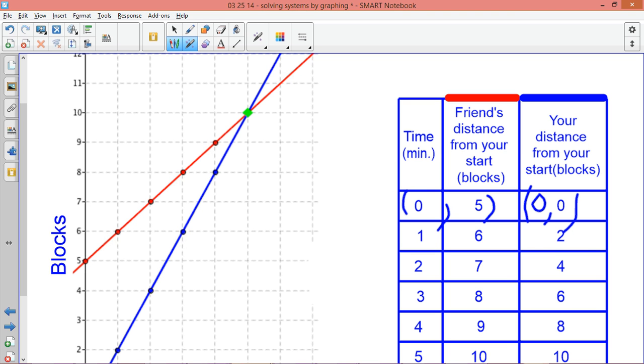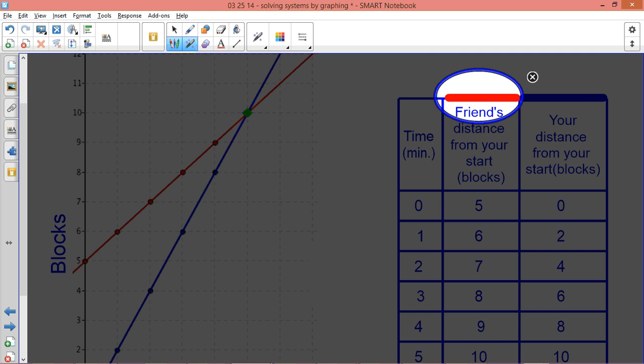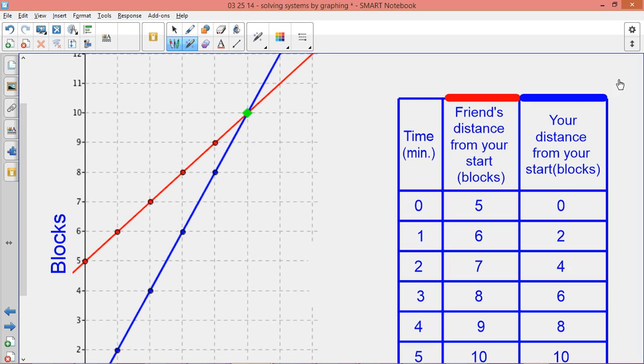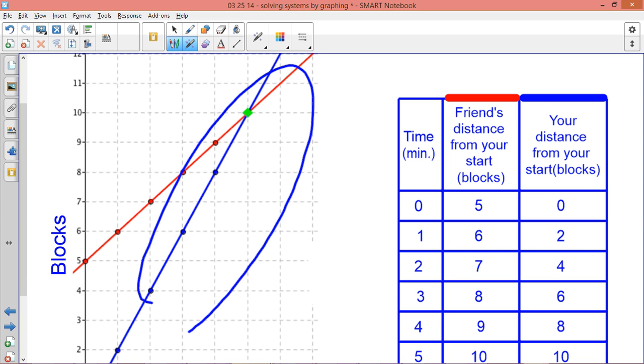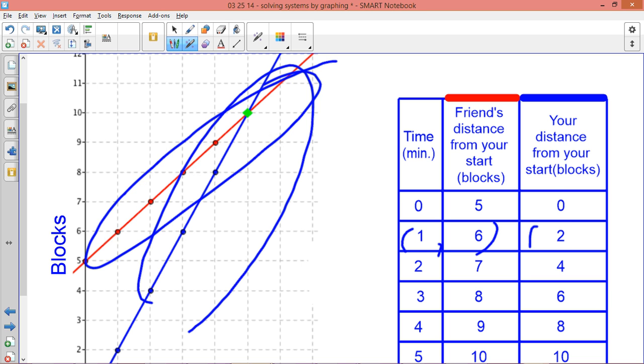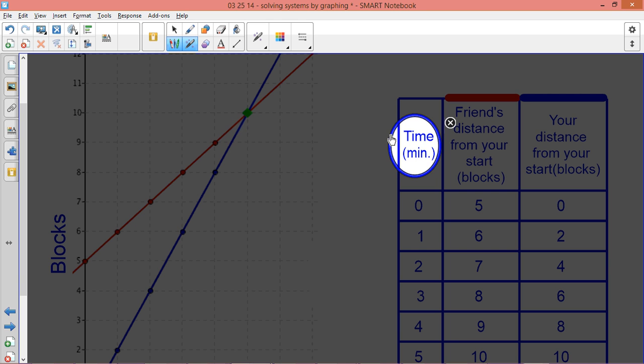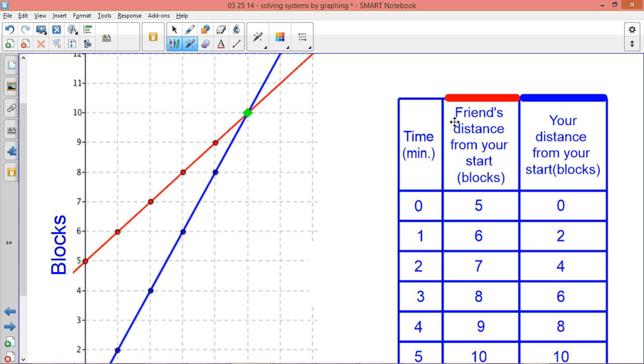And notice I'm going to graph my friend's distance in red here and my distance in blue. Notice on the graph there's a blue line and there's a red line. And then I will graph (1, 6) and (1, 2) because we both have the same time. The time applies to both of us, but the distance is going to be different.